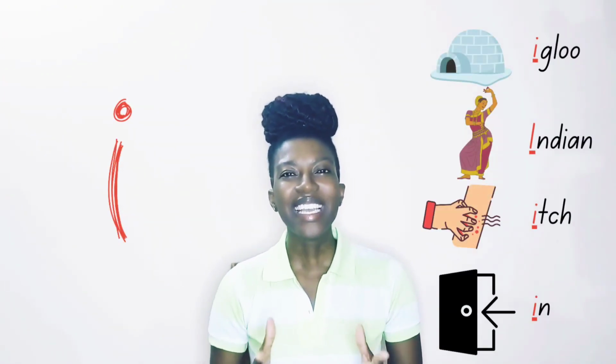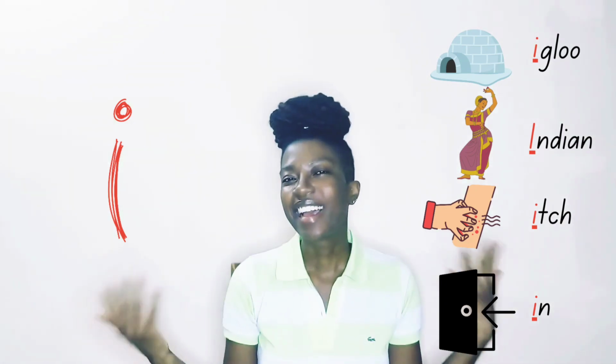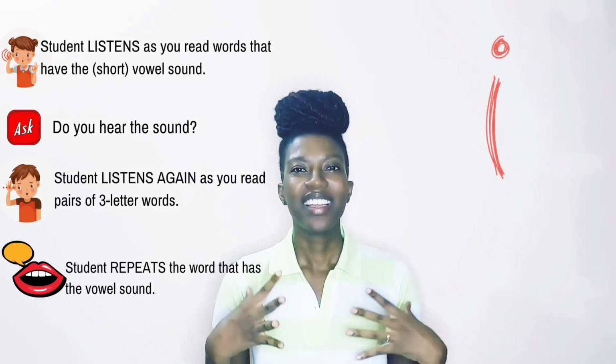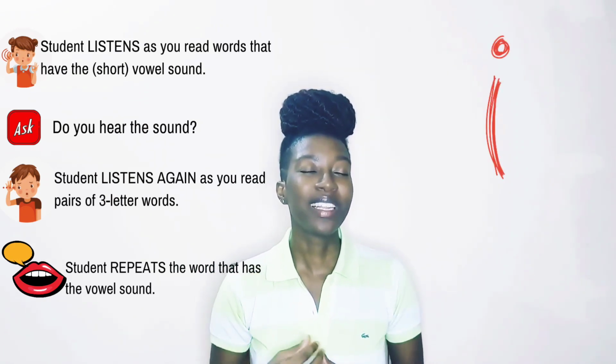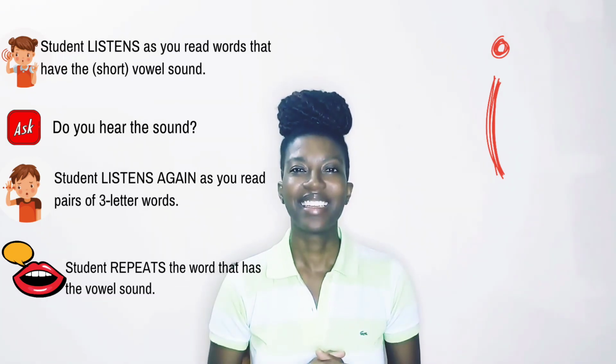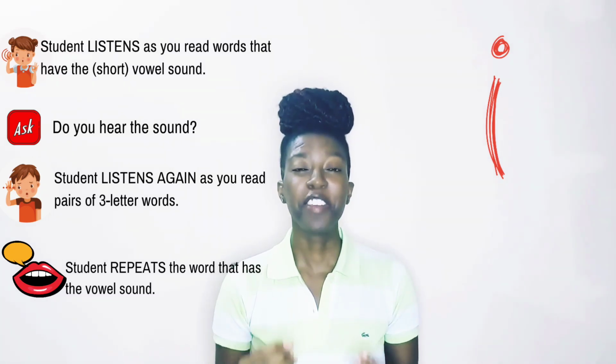I says I for igloo, Indian, itch, in, and the list goes on. You find as many words as possible that have that short I sound, and then you read about 6 words and ask them to listen if they hear the I sound in them. Bin, six, hill, bib, fix.